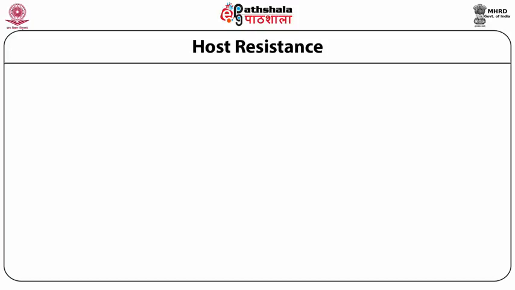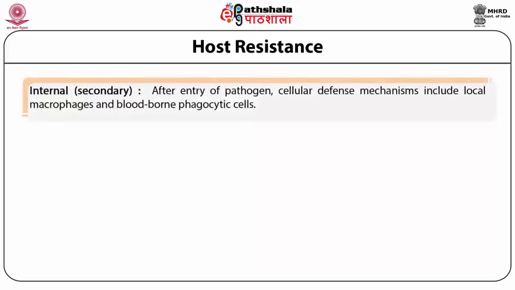If the pathogen is able to enter the body in spite of external resistance by the host, it will try to attach to the receptor present on host cells and will try to invade and multiply.